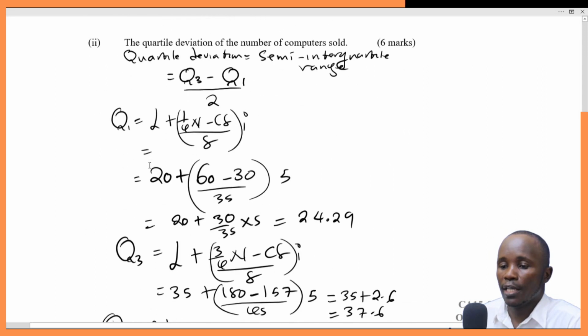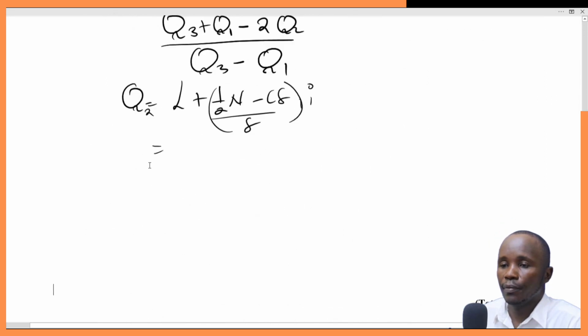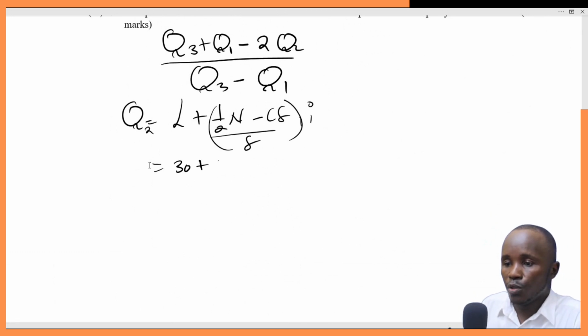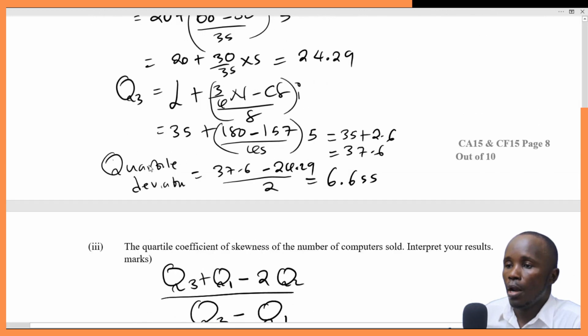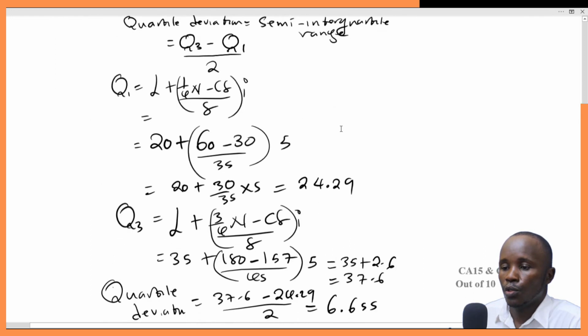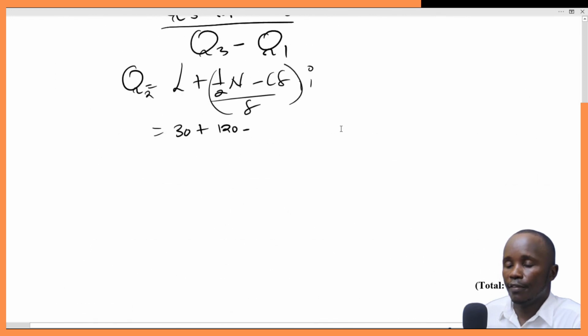So our lower class limit here is 30. 30 plus 120 minus the cumulative frequency before, which is 107, and the frequency of that class is 50. I hope you can see 107 and 50, multiplied by 5.